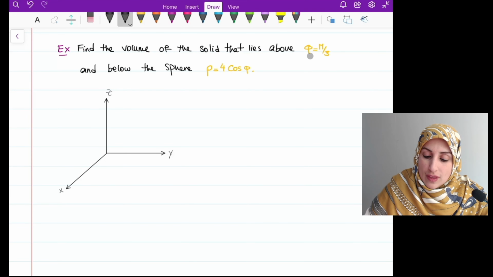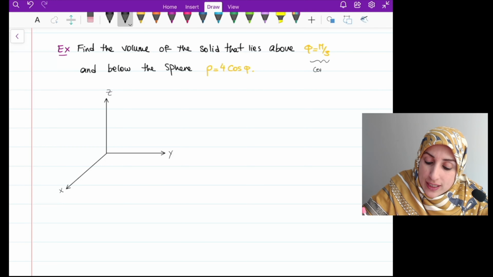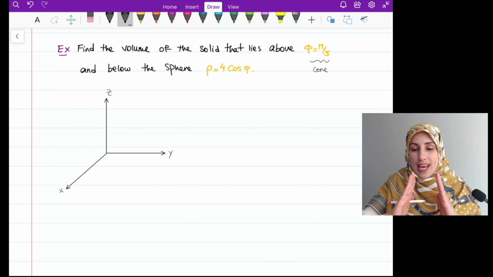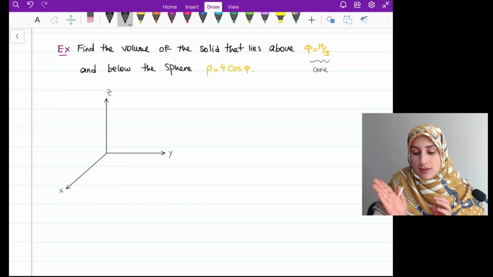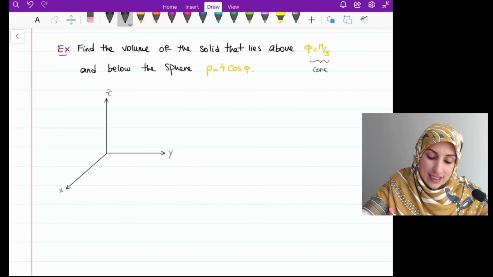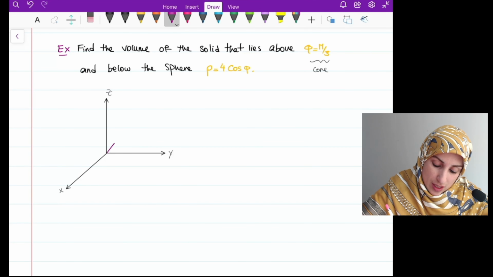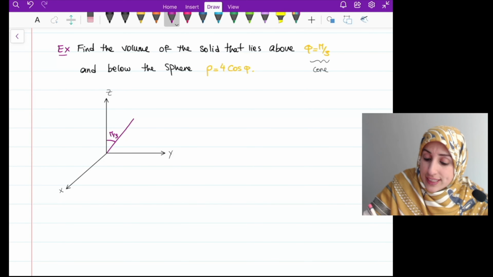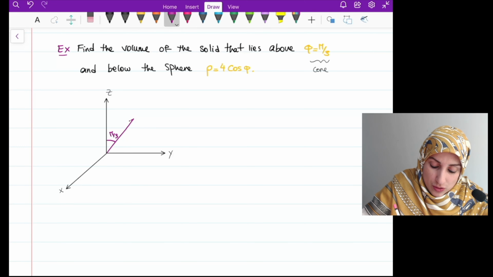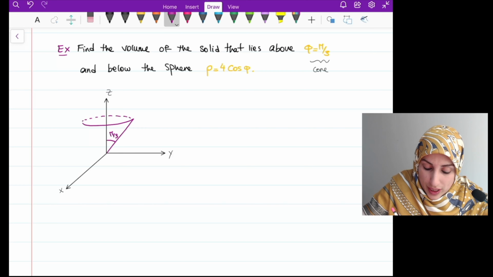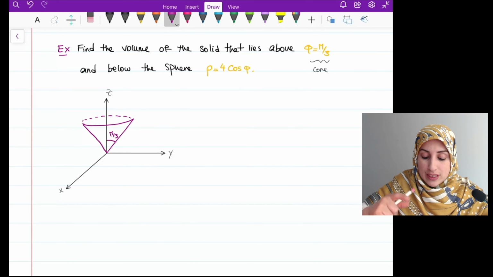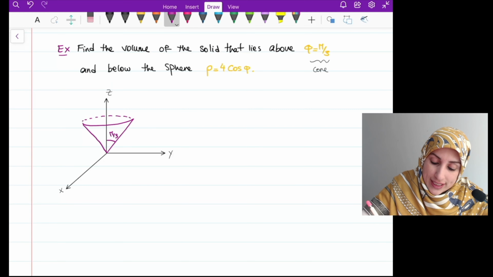Phi equals pi over 3 is basically a cone, because phi measures the angle from the positive z-axis, so it would be pi over 3, and then theta is free on this, so I'm gonna make it round, because theta can be from 0 to 2 pi, and then rho can be from 0 to infinity, so I have a cone like this.